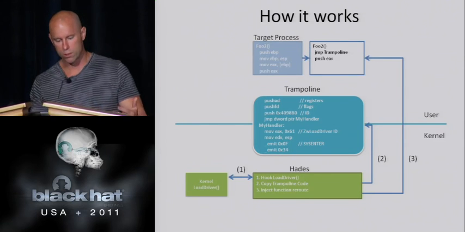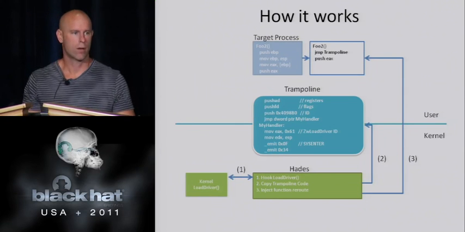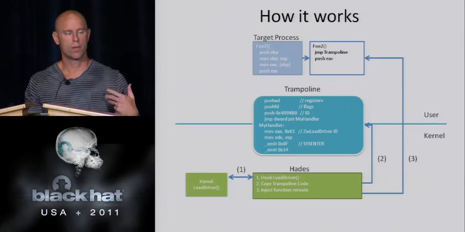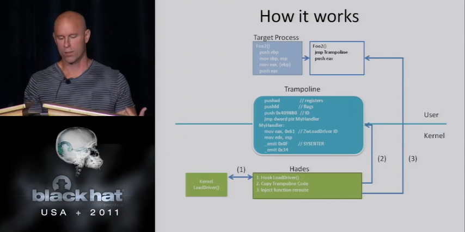Then the third step is there's a registered callback in the driver, so that when the target process gets loaded in memory, I get invoked. The key here is that the Windows loader has loaded the process in memory, but it hasn't executed the original entry point. It's just sitting there in memory, and I get a chance to do something.